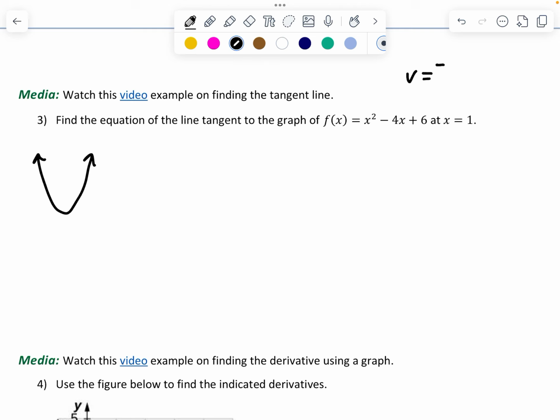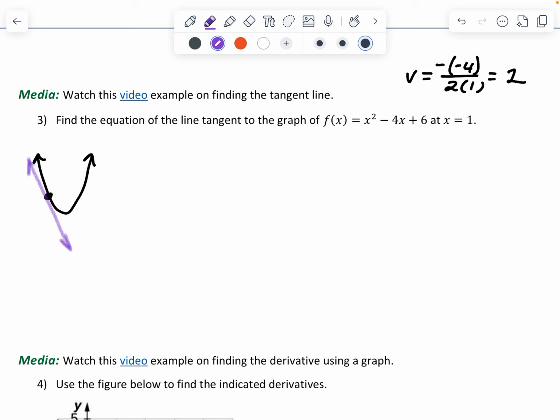And the vertex, the x value would be the negative of -4 over 2 times 1, right? So it's going to be 4 over 2. It's going to be 2, and you're at 1. So that means I'm on the left side of this, something like this. And it's not important that you know that. I just wanted to get an accurate drawing.